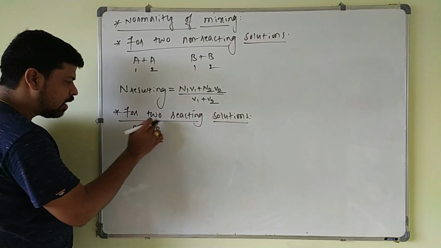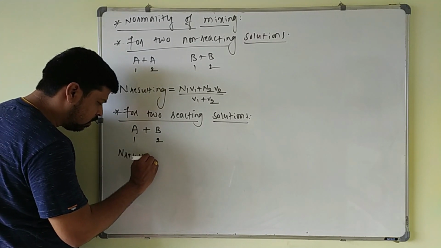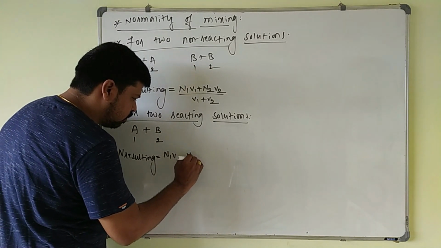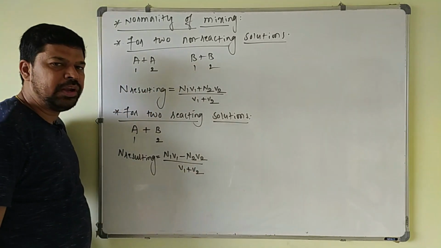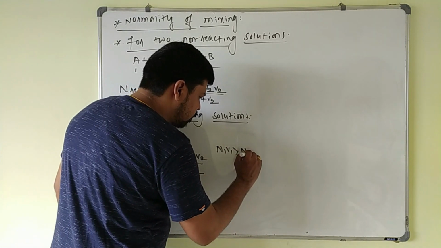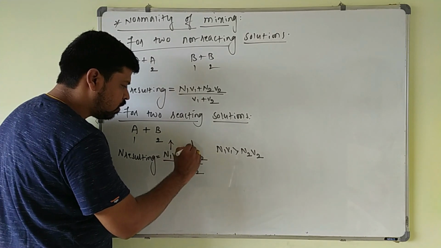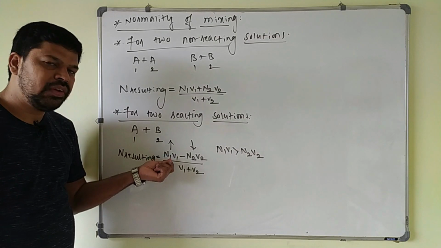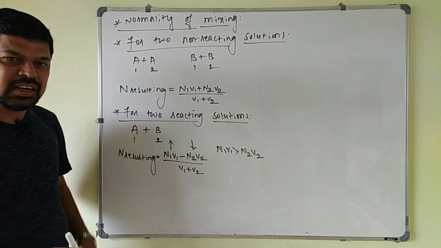Then whenever acid and base are mixed together, the resulting normality N resulting will be equal to N1V1 minus N2V2 divided by V1 plus V2, provided N1V1 must be greater than N2V2. So this is the formula here. Okay, so always you write the N1V1 which is greater in magnitude. This is the normality of the resulting solution.